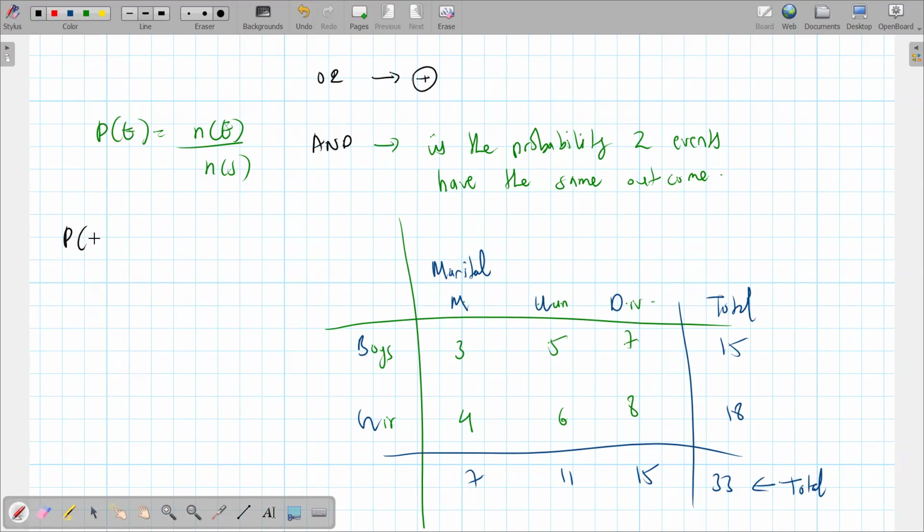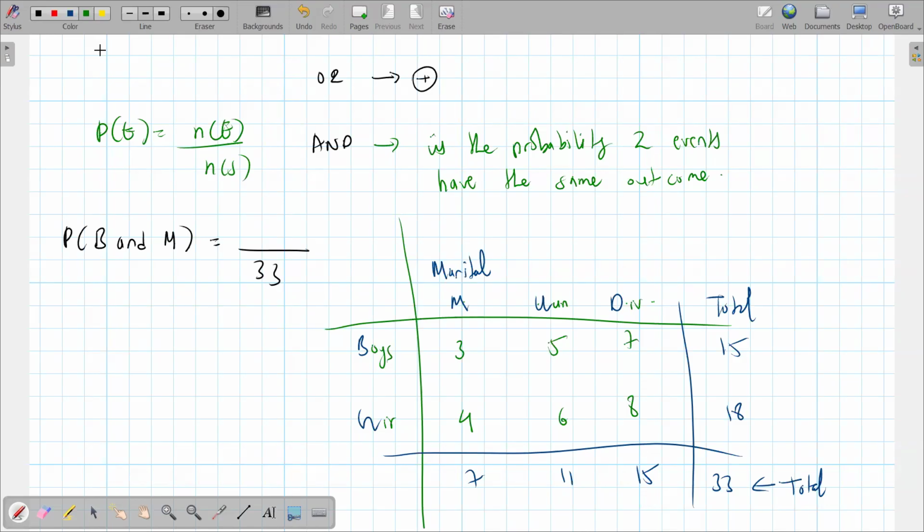What's the probability of plucking out a boy and married? That's terrible handwriting, but that means boy and married. It's going to be something over 33. Now the question is, what? 3 plus 7 plus, I don't know.